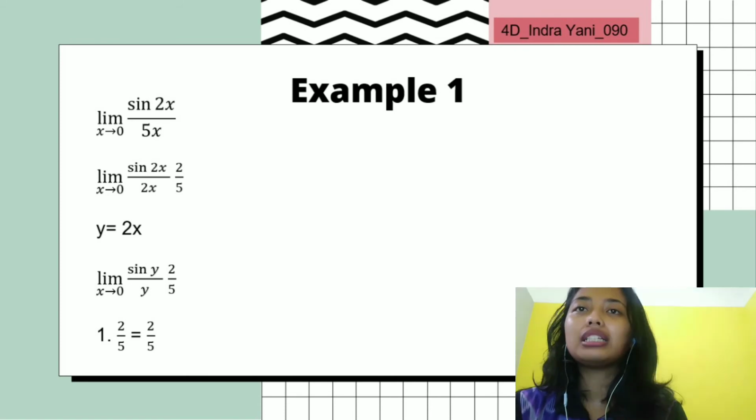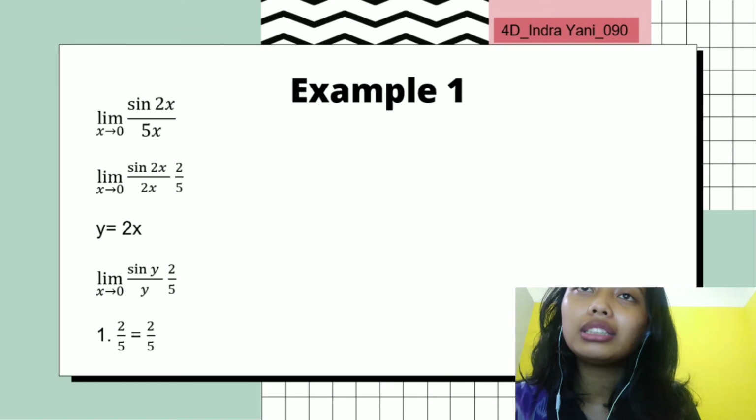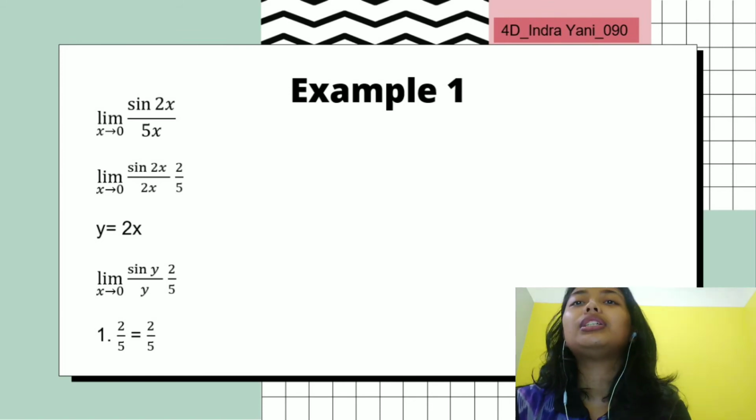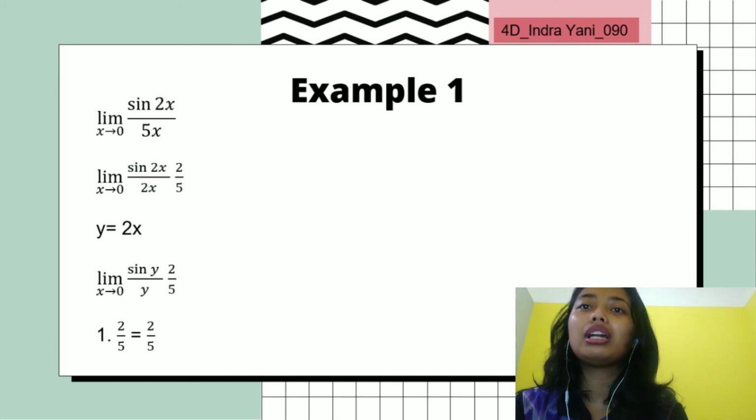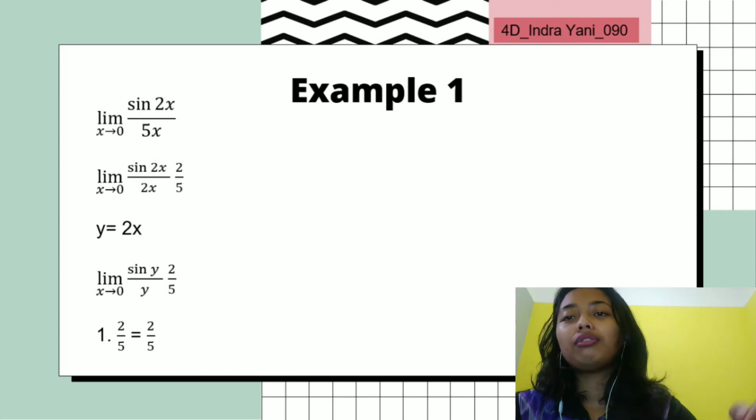Now we can use that identity: the limit as x approaches 0 of sine x divided by x is 1. So this expression in blue is equal to 1, and our final answer is 2 over 5.